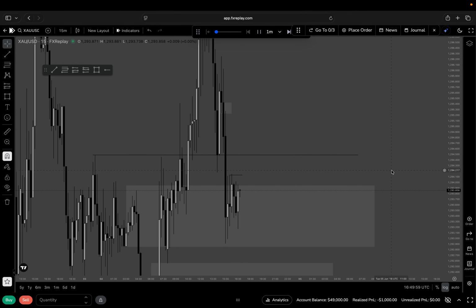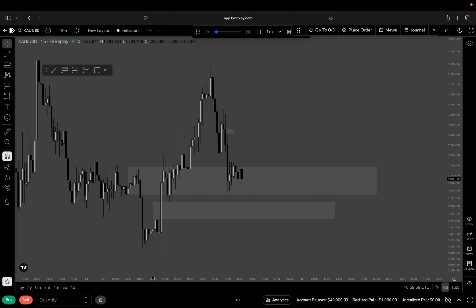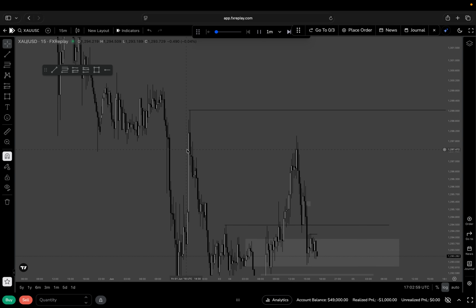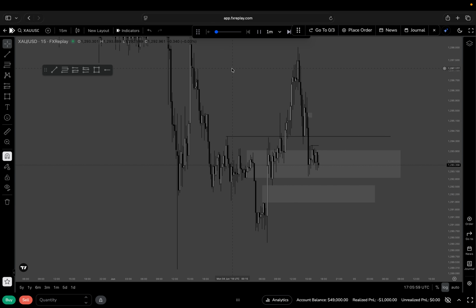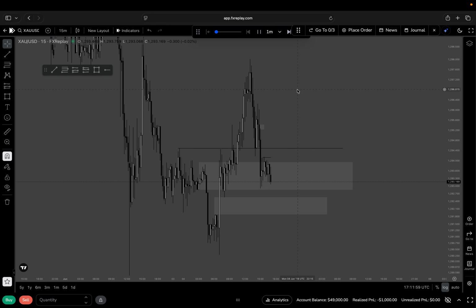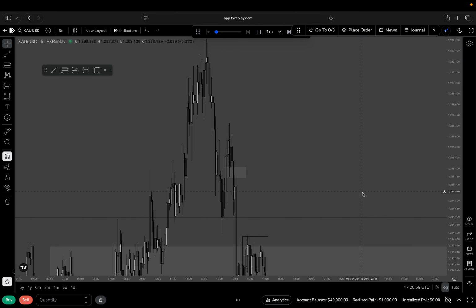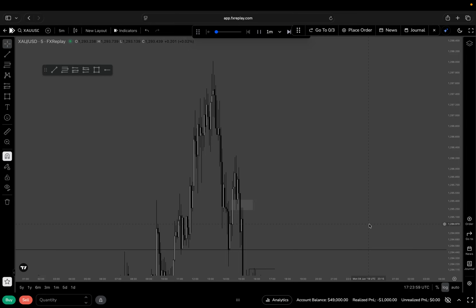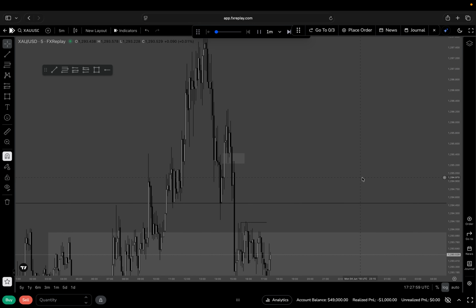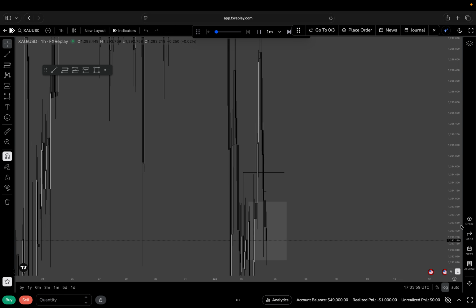15 minute, what's the 15 minute saying? On the 15 minute, we still have this 15-minute gap here. Will our order block still want to hold?